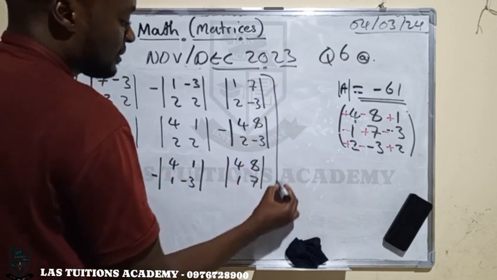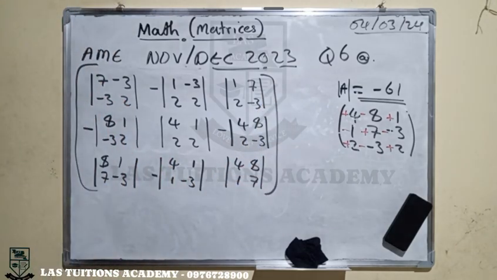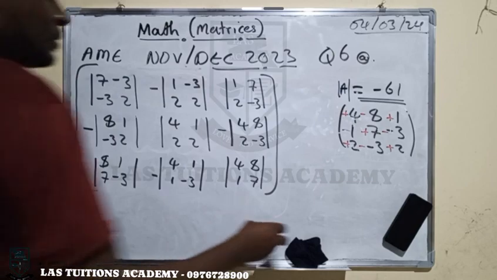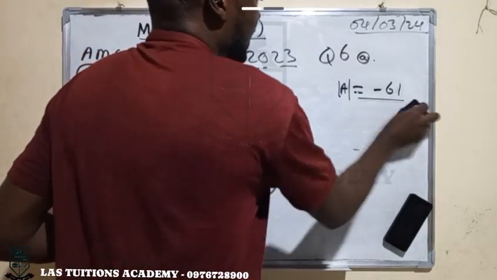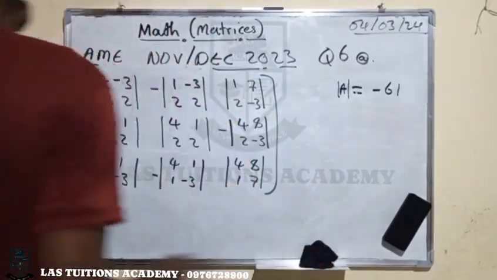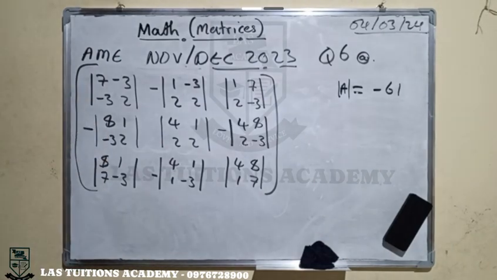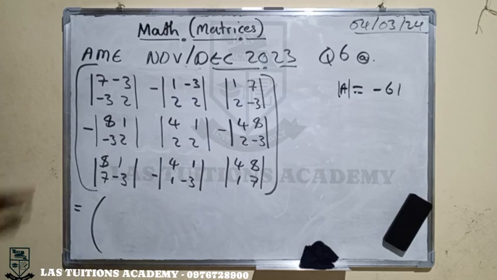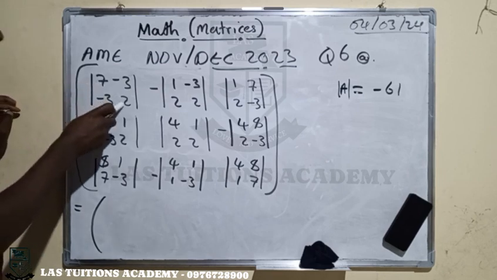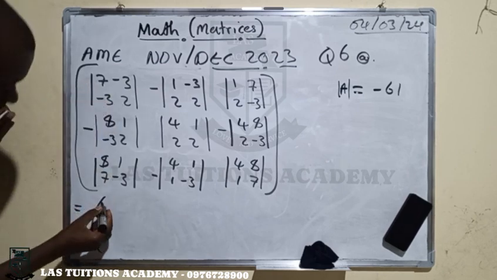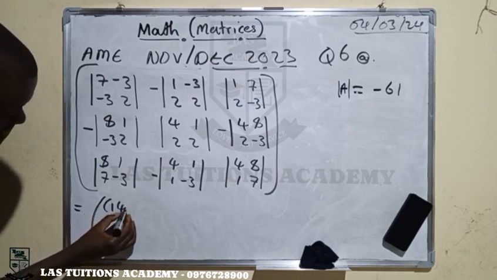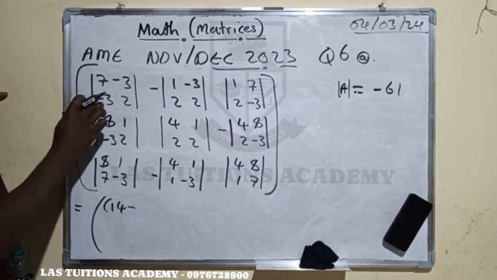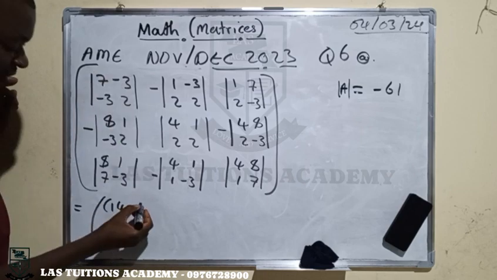So this is a new matrix that we are going to form, which is the matrix of the determinants, or the adjoints. Now we are solving the determinant of each and every single part here. I'm saying 7 times 2, that is 14, minus negative 3 times negative 3, we get 9.